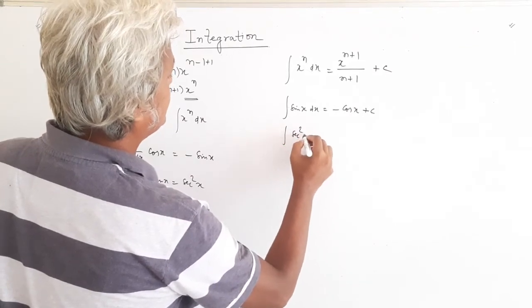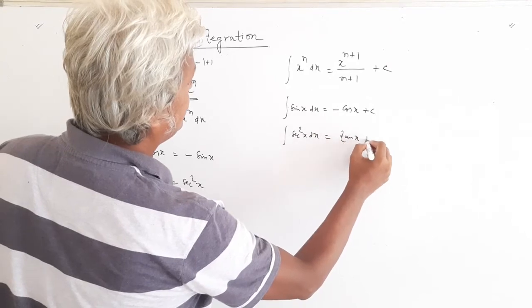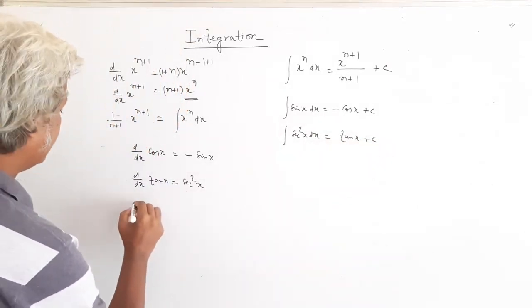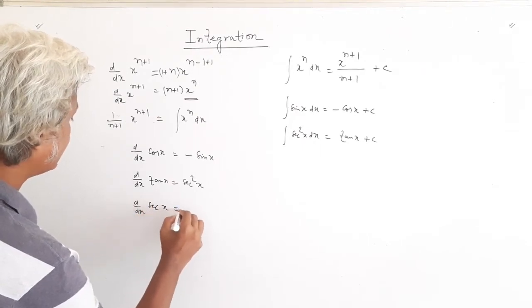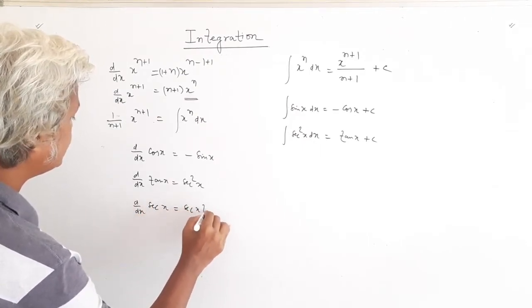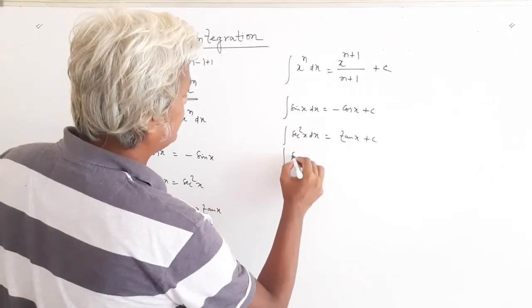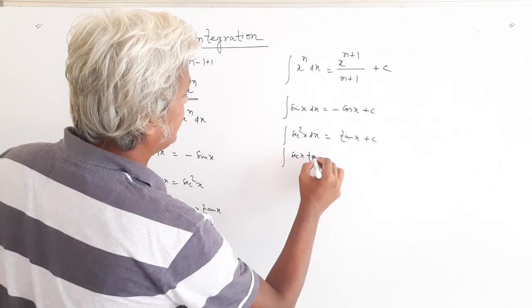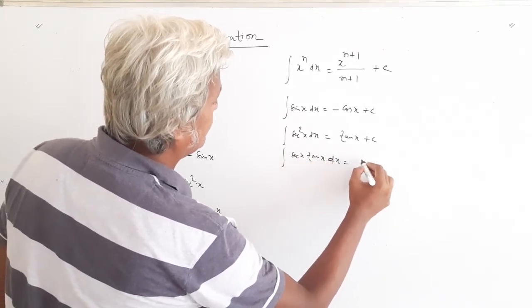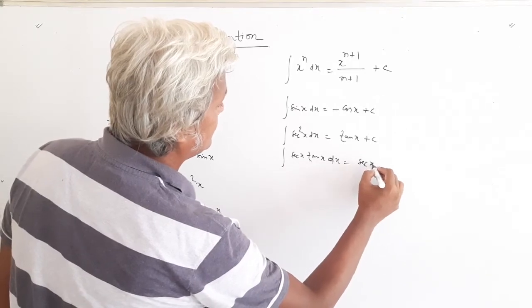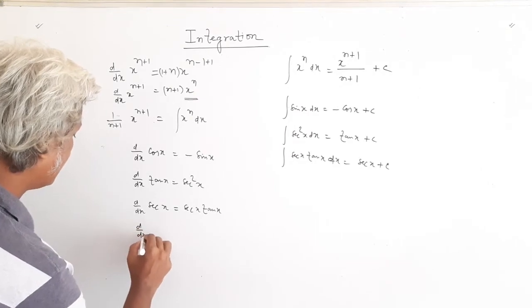Integration of sec square x dx is tan x plus c. Differentiation of sec x is sec x tan x. Integration of sec x tan x dx equals sec x plus c.